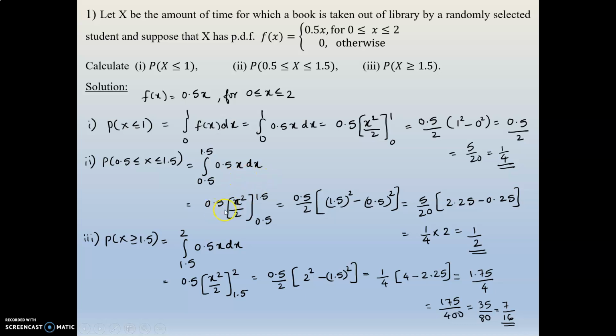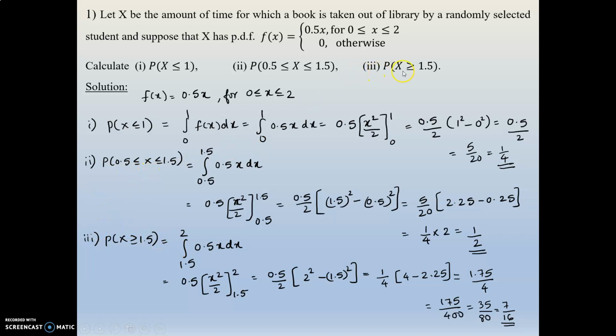So 0.5 into x square upon 2 from 0.5 to 1.5. That's equal to 0.5 upon 2 into (1.5 whole square minus 0.5 whole square), that's 5 upon 20 into (2.25 minus 0.25), that's equal to 1 upon 4 into 2, that's equal to 1 upon 2. That's the answer for the second question.